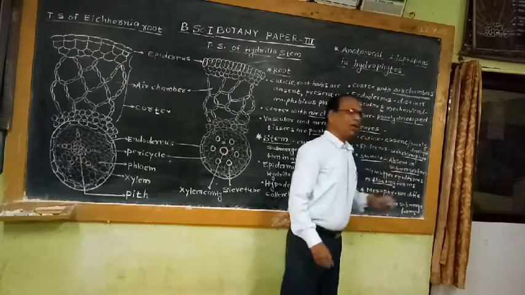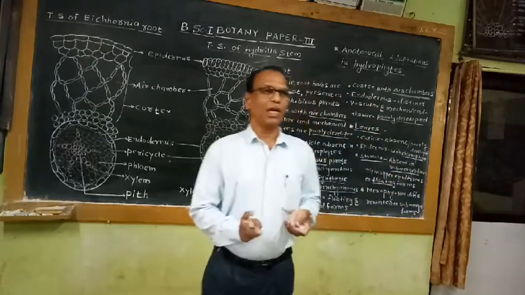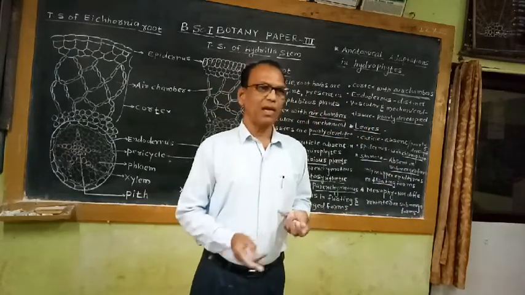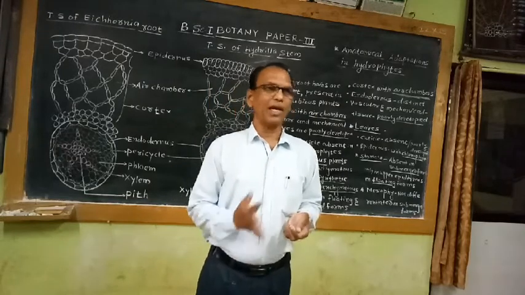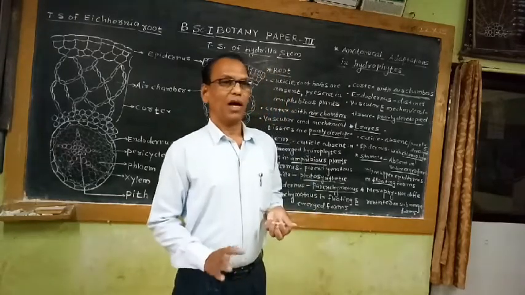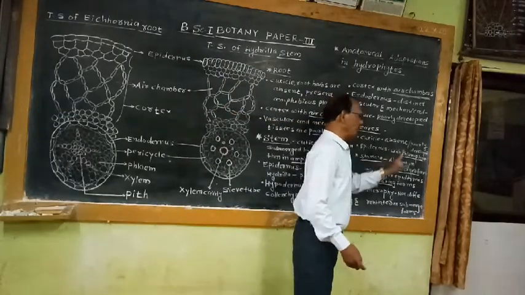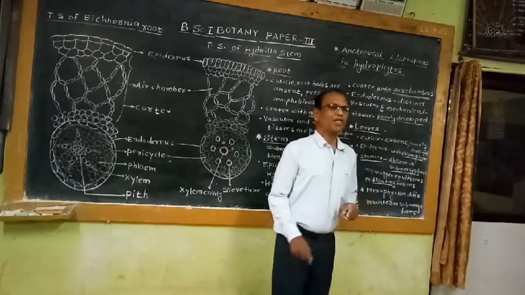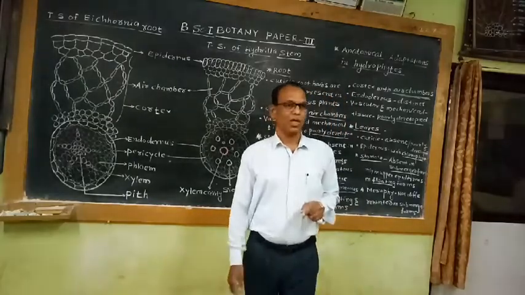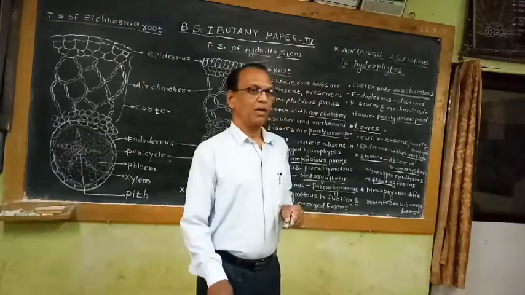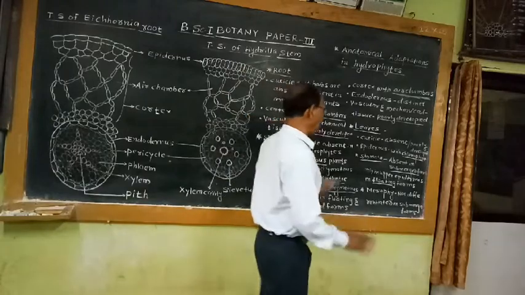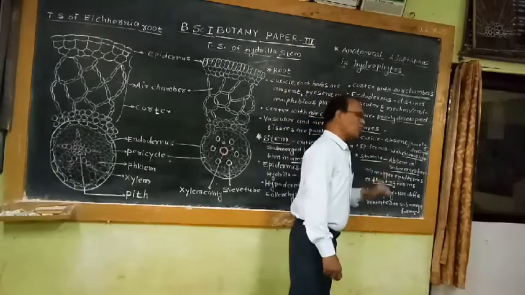Then, if we observe the stomata, they are totally absent in submerged hydrophytes. For example, Hydrilla, Vallisneria, Chara, Nitella, all these submerged hydrophytic plants generally lack stomata. Amphibious hydrophytes like Typha, Cyperus, and floating hydrophytes like Eichhornia show the presence of stomata.